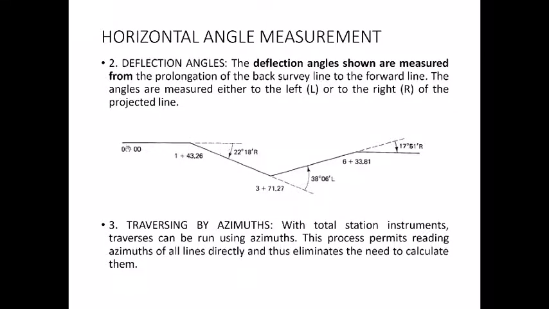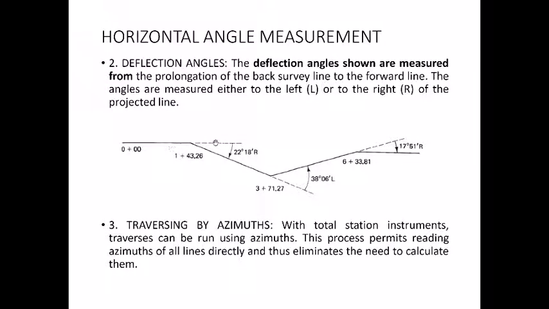Let's say this is the path that I want to lay out in the field, and I start from over here. Up till some distance, my path is straight, but after that, there is a deviation from the original path. This is the path had there been no deviation, and this angle, which measures the deviation from the original path, is called the deflection angle.